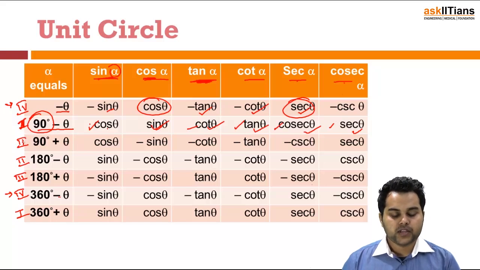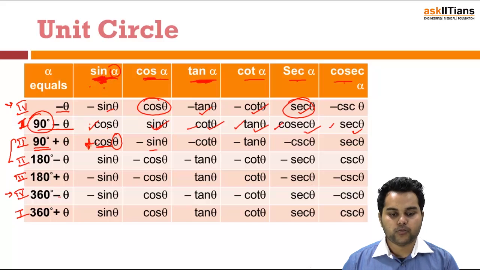So far so good. Then in the second quadrant, with an odd multiple of pi by 2, the trigonometric ratios are changed: sine changes to cos and cos to sine. In the second quadrant only sine is positive, so the sign in front is positive because the root trigonometric ratio, sine, is positive in the second quadrant.